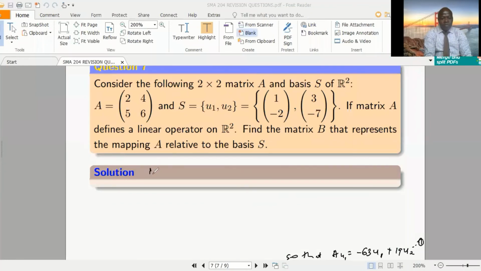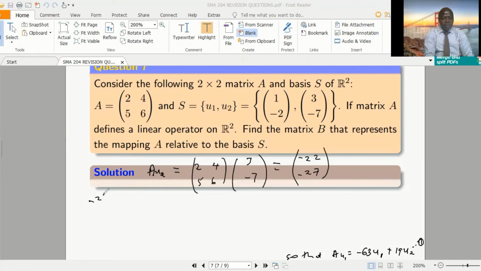Now let's find A of U2. A of U2 is 2, 4, 5, 6, multiplied by U2, which is 3, negative 7. And this gives me negative 22, negative 27. Just multiply this.